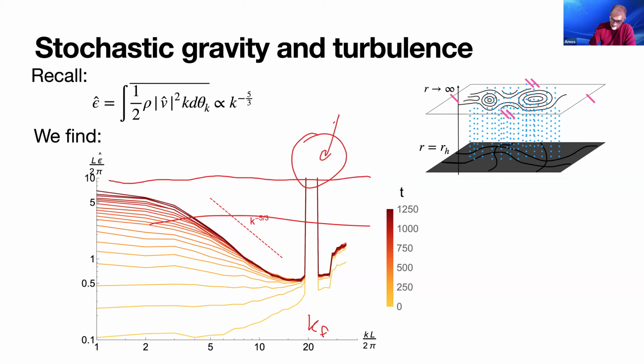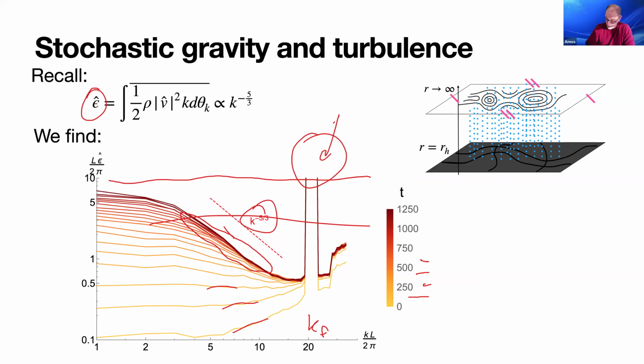But below this driving force, you see the energy power spectrum as a function of time. Each line here corresponds to a different time at which we measured the energy power spectrum. So at t equals 0, we just had a state where we had a black hole, and then we started exciting it. You see that the configuration converges to one where the energy power spectrum has a minus 5/3 power law.